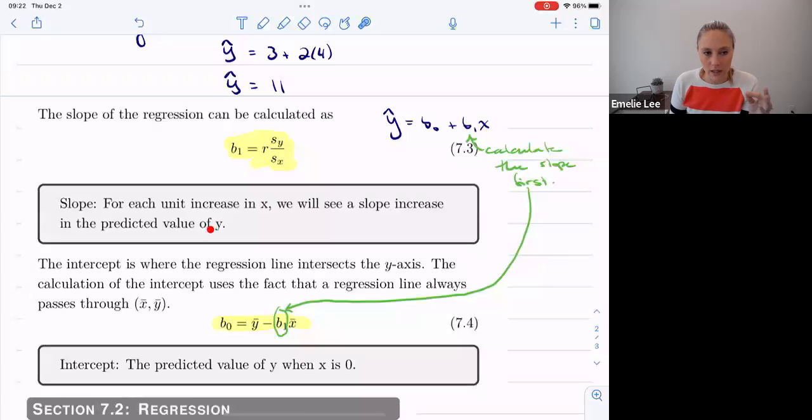Okay, so if we pretend that B naught is just held steady, let's make it 1 just for simplicity's sake. Or I guess we can make it 0, make it even easier, right?